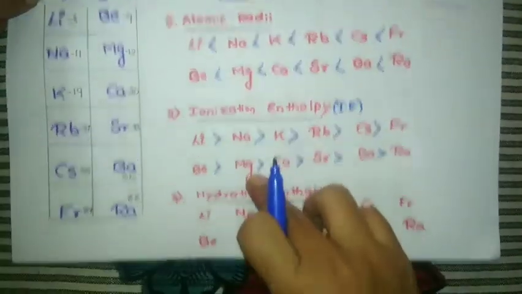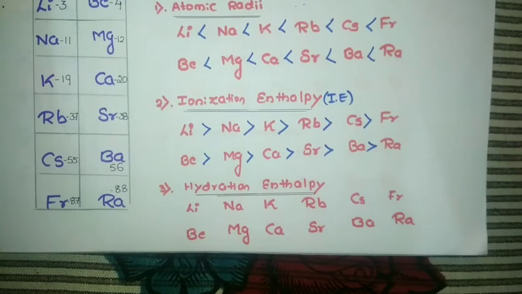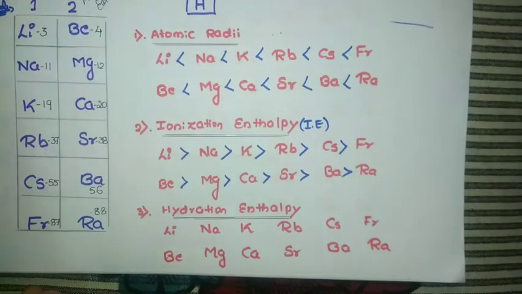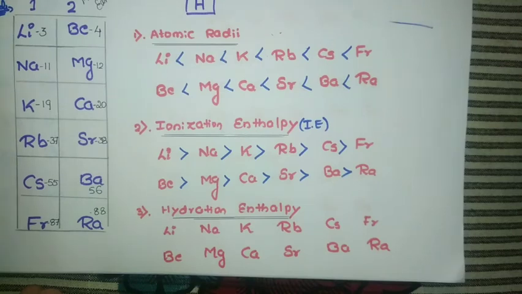For that hydration process, how much energy is released? As I told, hydration enthalpy is the amount of energy released when a new bond is formed between a metal ion and water.